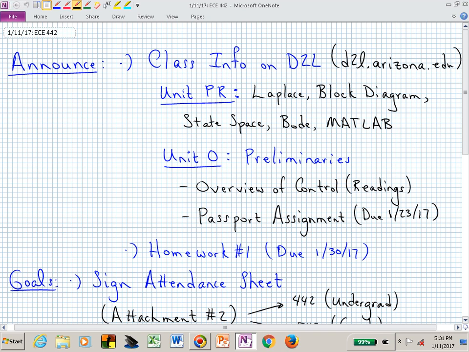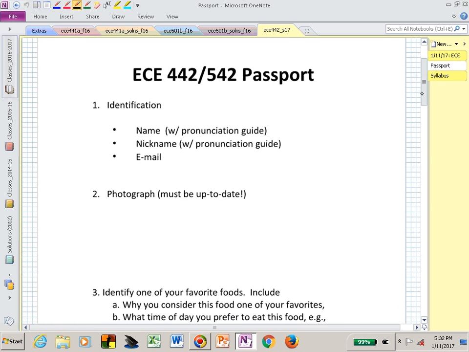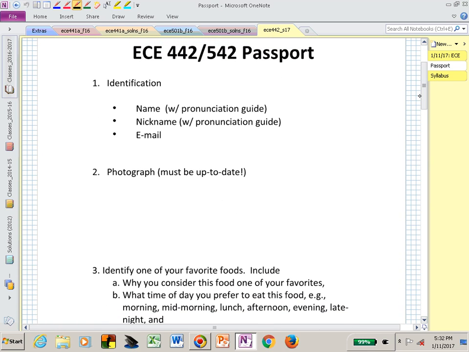In Unit 0, you will also find a passport assignment, and that's due in a few days. What's today, the 11th? So that's due in 12 days. You have quite a bit of time, but the reason I'm giving you so much time is because I'm changing it up from previous semesters.